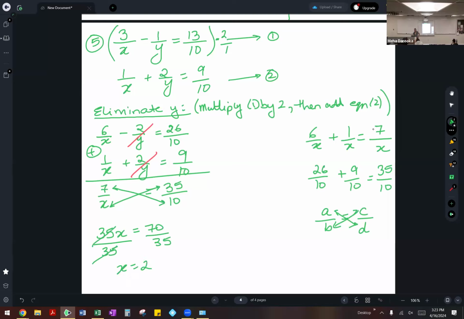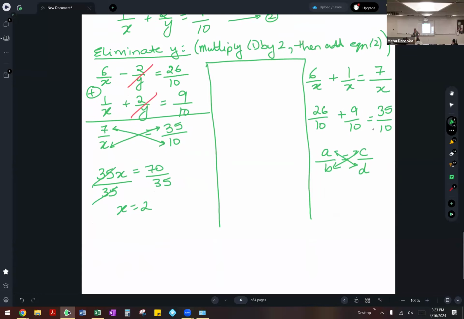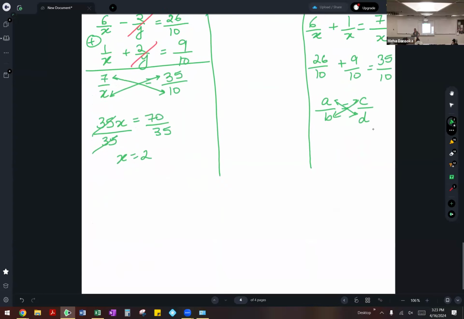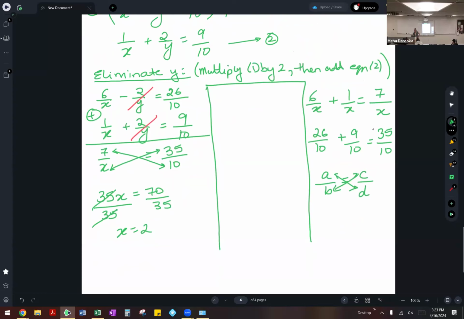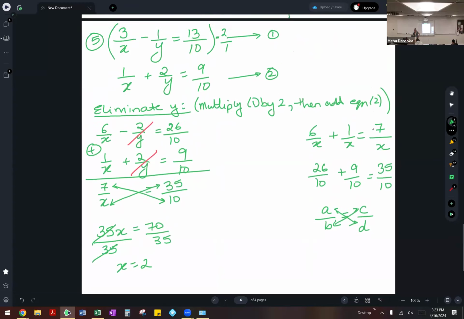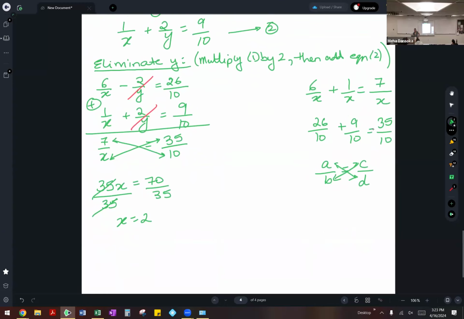And once you have x, you can go and find y. I'm going to use equation 2 to find y. So equation 2 was 1/x plus 2/y equals 9/10.